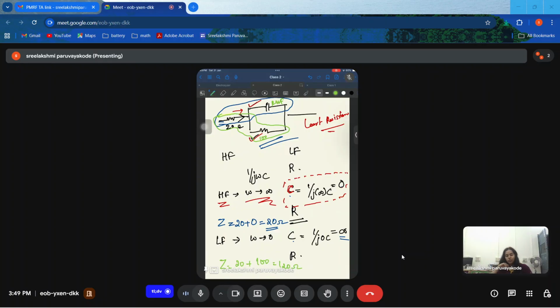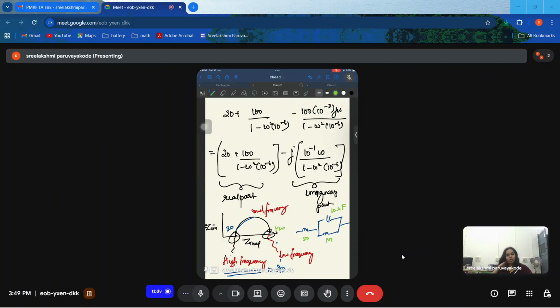So at the low frequency regime, when omega tends to a very small value, close to 0, the net impedance value is 120. So this value is 120. In this way, for small circuits like this, we can predict the starting and the end value without actually doing the calculation.